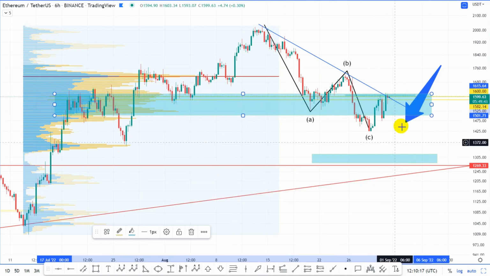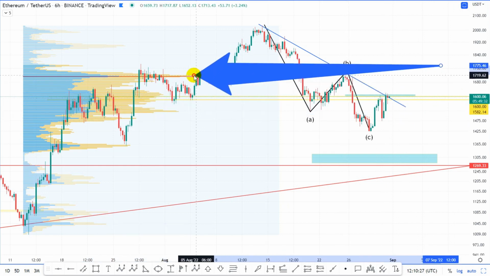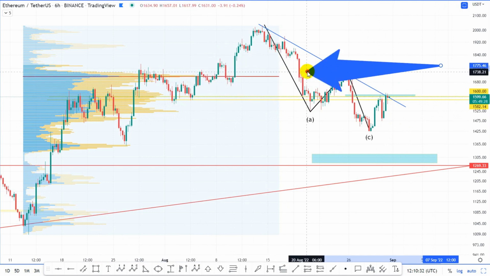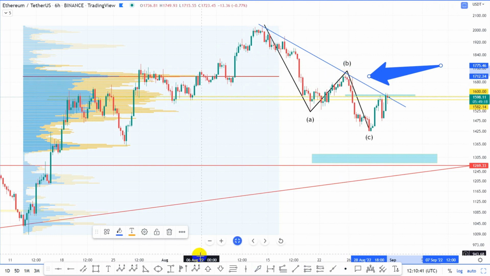If it breaks up, then the next target will be here, where there is a lot of volume, and actually the POC is here. So if we go up, here's the target where it's going to go, 1700. That's where it's going to find another resistance, and no wonder, because here we have the top. Also, if you measure all of this swing structure, then I believe some key level will be here.